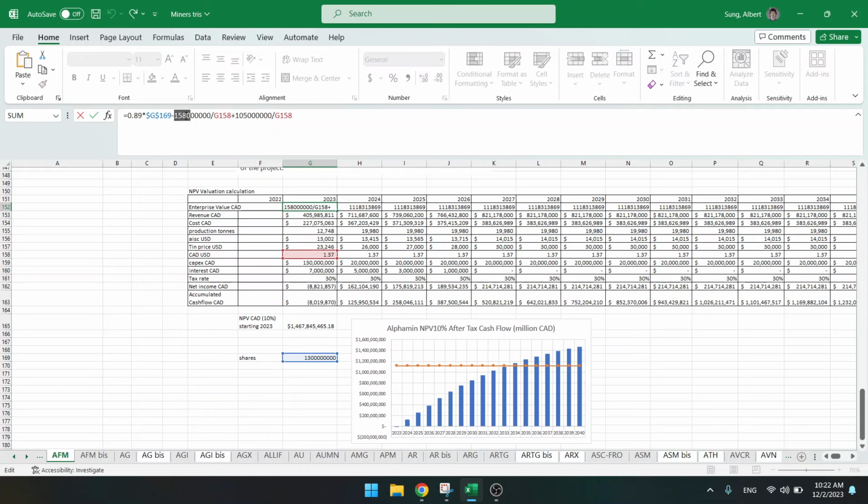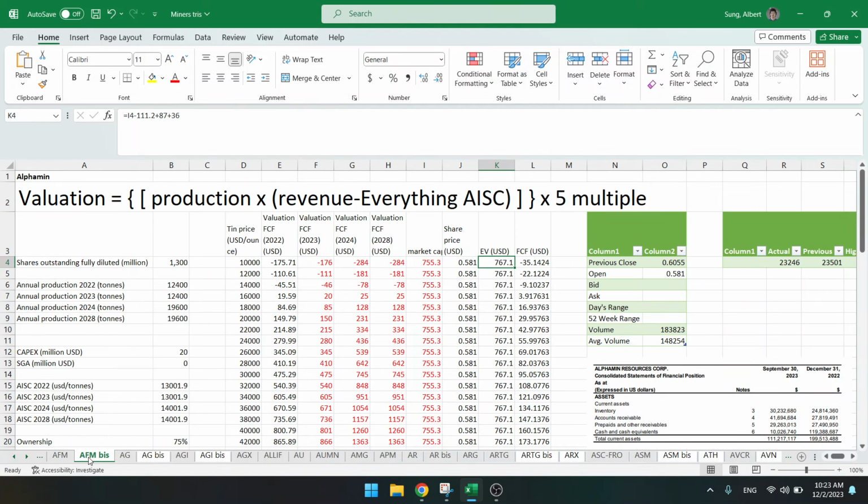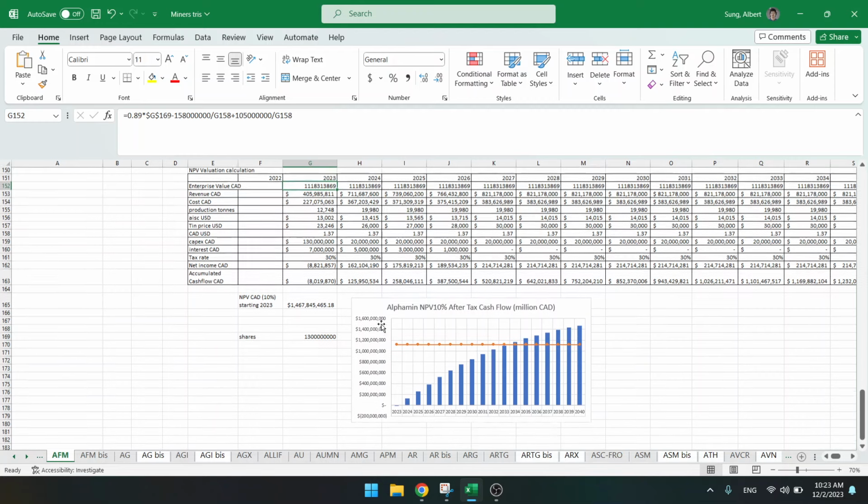I don't know what this number is. 158. Share count times, I'm not sure what this is.